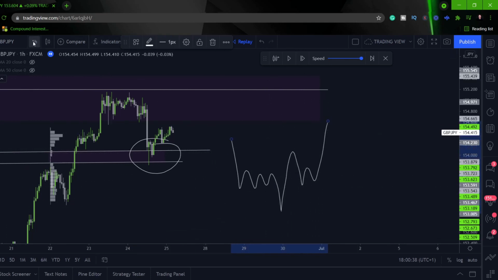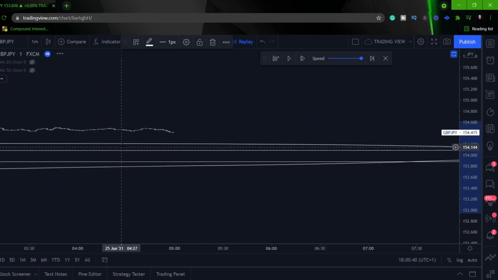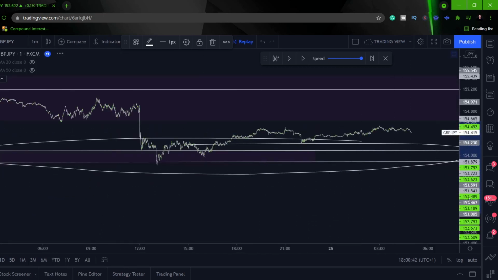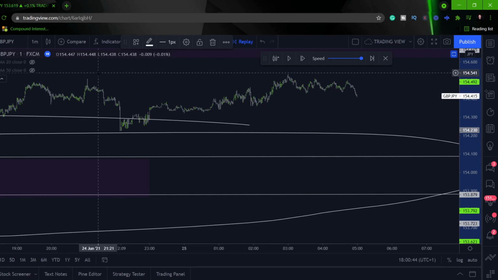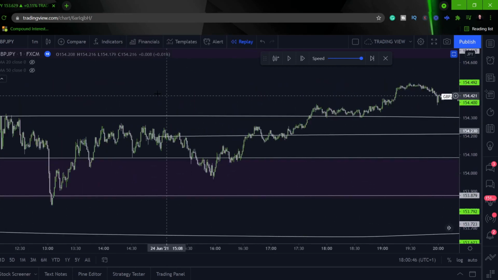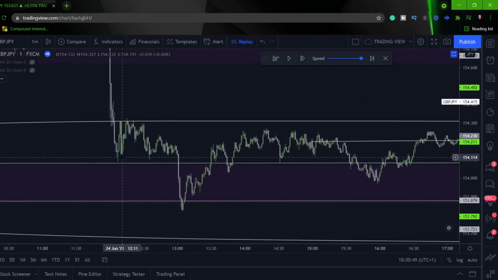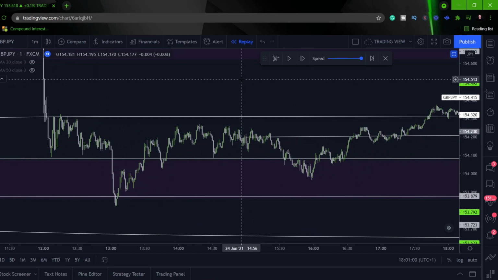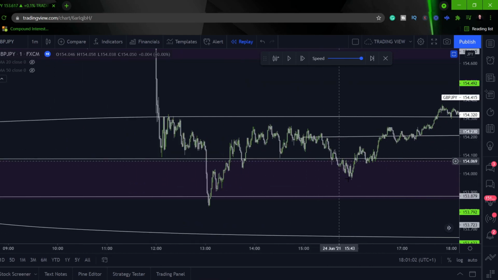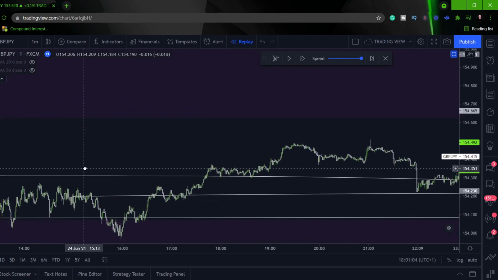So if we drop down to our 1 minute and have a look at what happened there: our sell through, our automatic rally, a test, higher prices.